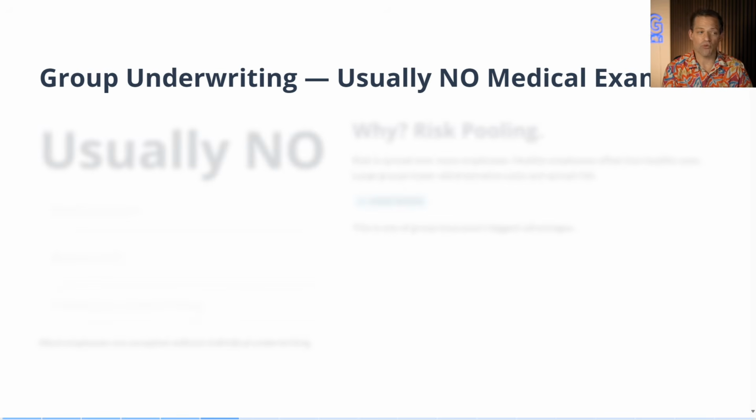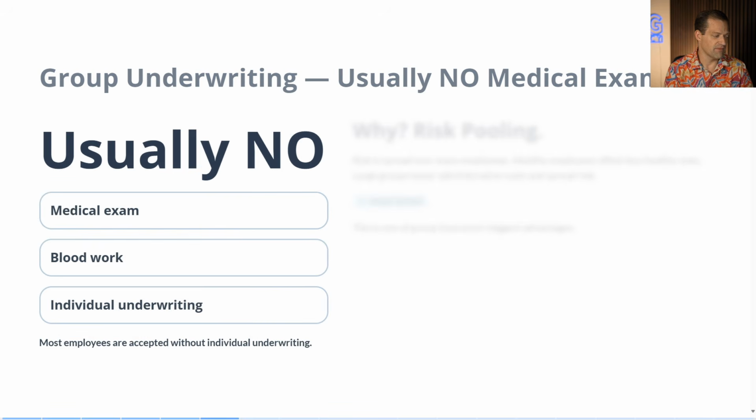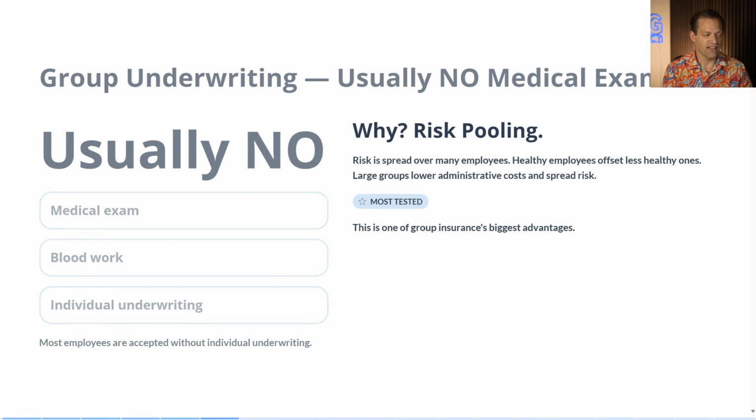So there's group underwriting, usually with no medical exam. So you don't have things like blood work, pee in a cup, individual underwriting, anything like that. That's because the nature of a group is there are many people, so there's risk pooling. Healthy employees offset the unhealthy ones, and there are lower administrative costs that spread the risk.